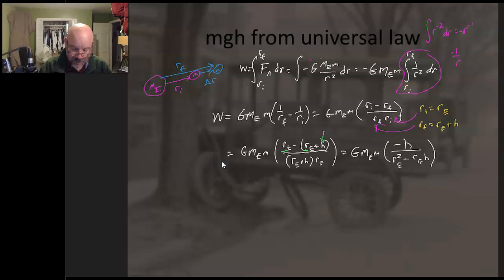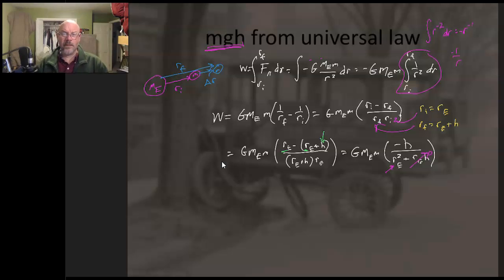Now, whenever we use this expression mgh for dealing with gravitational potential energy or changes in height energy, h is tiny. I mean, it might be 100 meters, but compared to the radius of the Earth, it is insignificant. So that means that this term over here, we can throw away, because it's so tiny compared to the radius of the Earth squared.